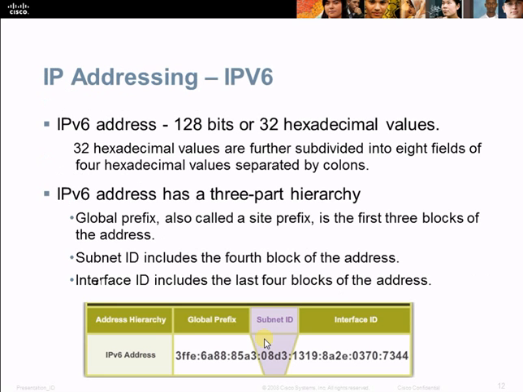So we also have our IPv6, which is 128 bits, or a 32-digit hexadecimal value. And you'll see that down there. It has a global prefix, a site prefix, and it has a subnet ID in the 4th block, and the interface ID is included in the last block.